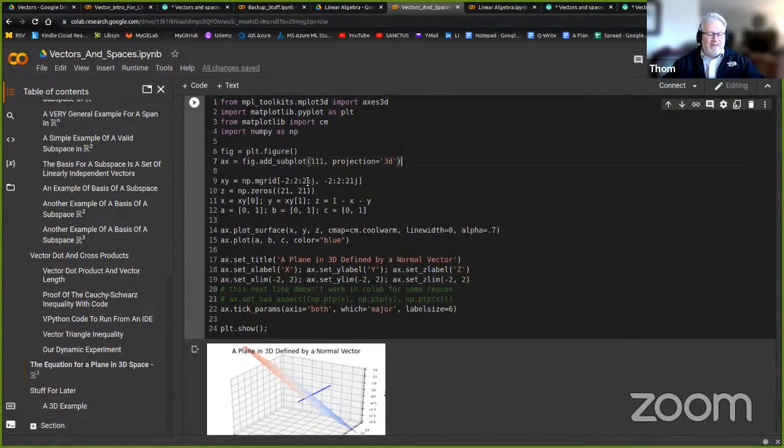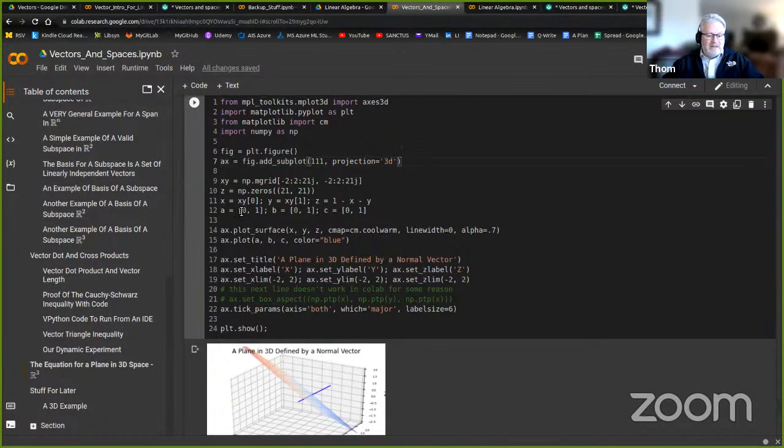Well, that means we have 11 points, including the 0. So that's why this is also 21 by 21, because we're calculating it for each of those grid points. And because we have X and Y and we're creating a grid, I'm just separating them out. That's all I'm doing here.